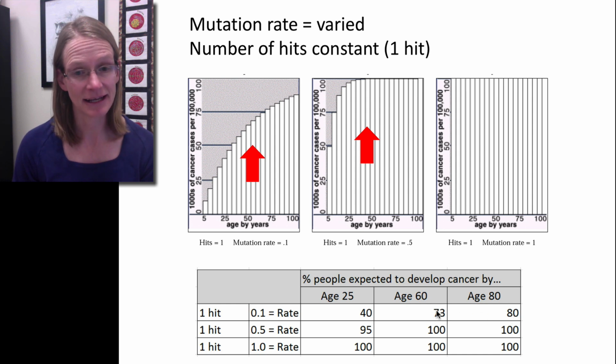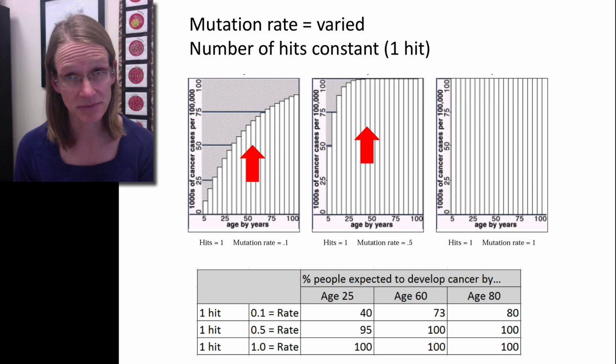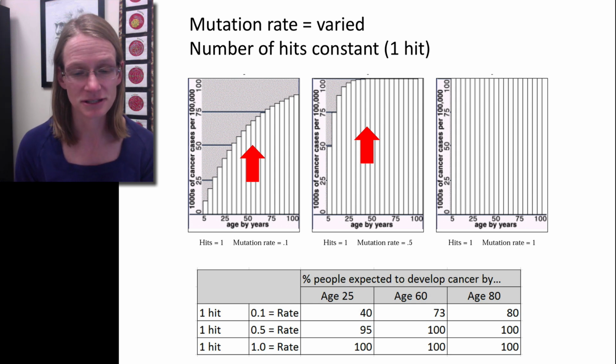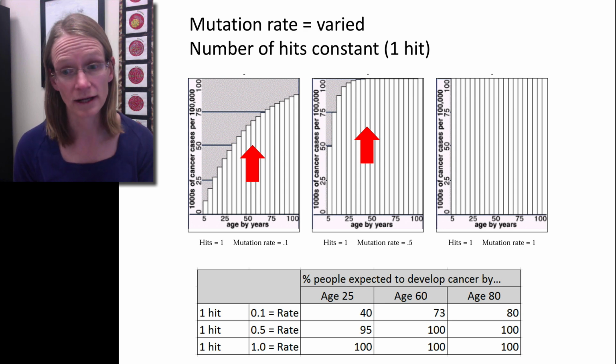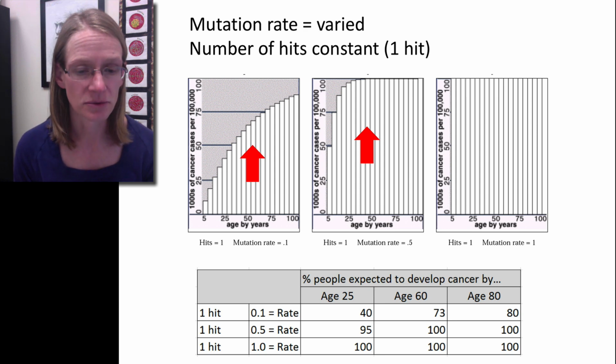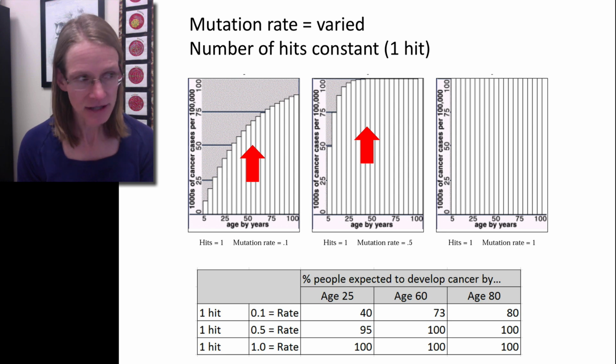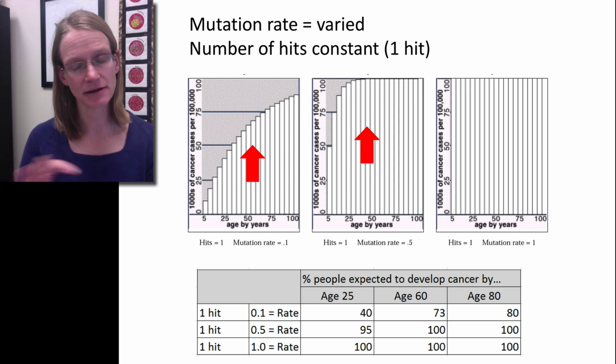And at age 60, you can really see this shift as we compare with age 25, because at the 10% mutation rate, only 40% of the people were able to develop it, whereas it shifted all the way up to 100% at a mutation rate of 1, or 100%.